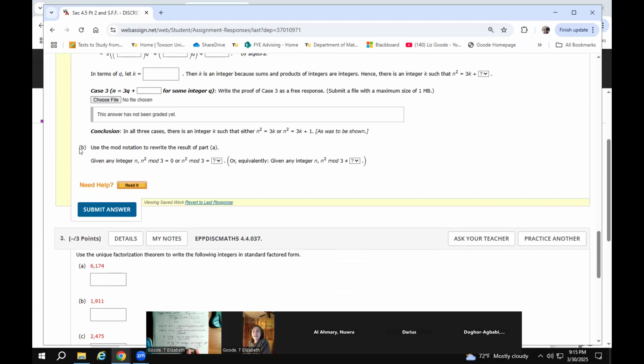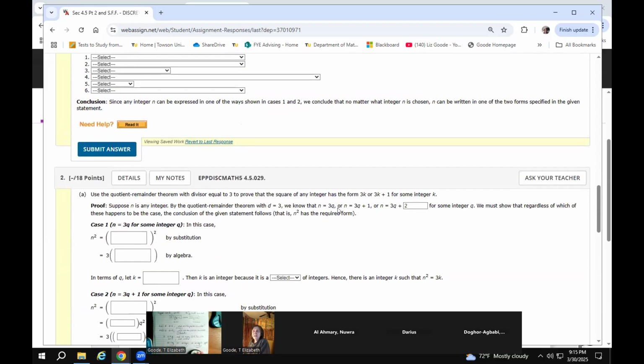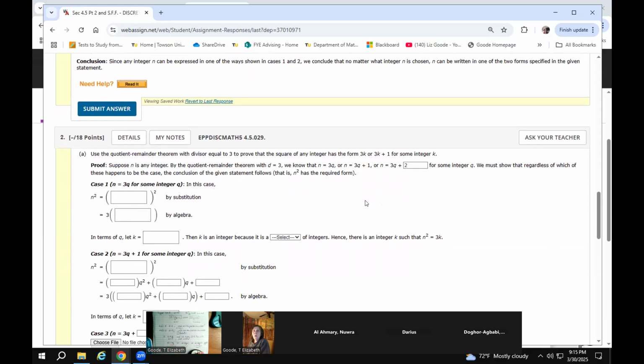Okay. Did you understand part B? Nura, I think you were also asking about this problem. It wasn't this one. It was mod. The point is, we're saying that when we divide n squared by 3, we can only get a remainder of 0 or 1.